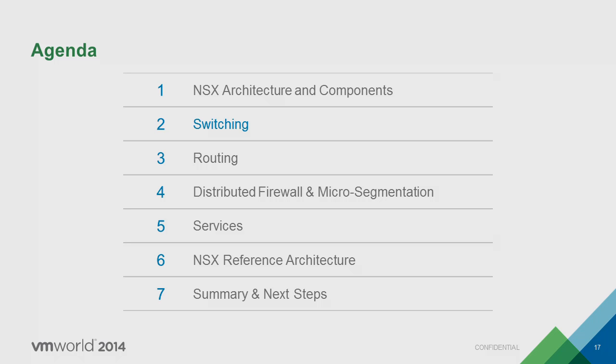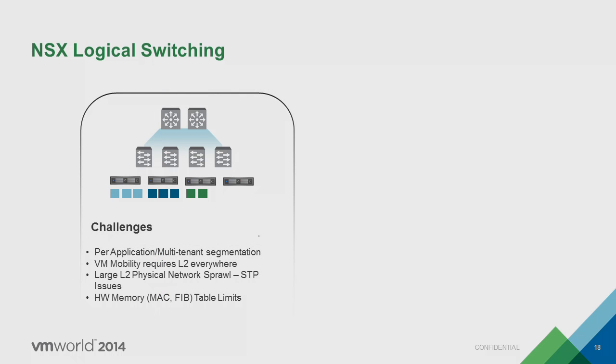So let's move now into more of the specific features and functions, and let's look at switching here. What are the problems that we are trying to solve with NSX logical switching? First of all, in a virtualized environment, in terms of multi-tenancy and workloads being dispersed inside your data center, the main challenge is that segmenting virtual applications is very hard.